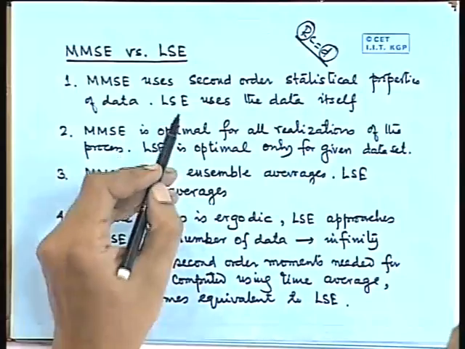On the other hand, the LSE does not need any such thing. Even if you don't know the properties of the underlying stochastic process, you can always compute an LSE given a set of data. It can always be found and does not require much prior knowledge.